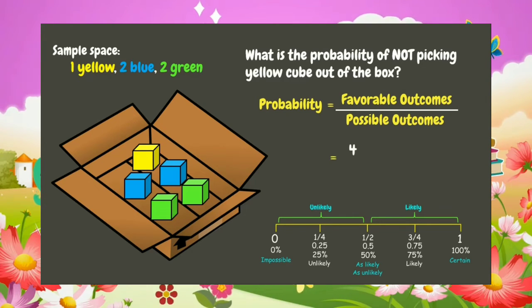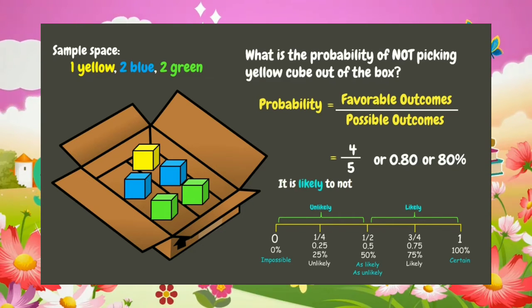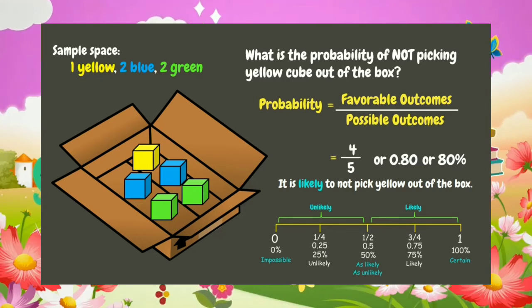Very good. So, we divide by the possible outcomes, which is 5. In decimal form, it is 0.80 or 80%. Very good. So, it is likely to not pick yellow out of the box because it is closer to 100%. Very good. Give yourself a wonderful clap.